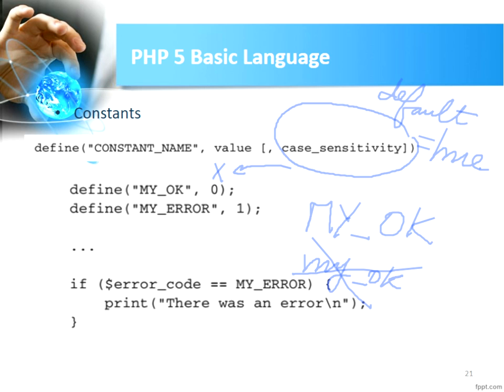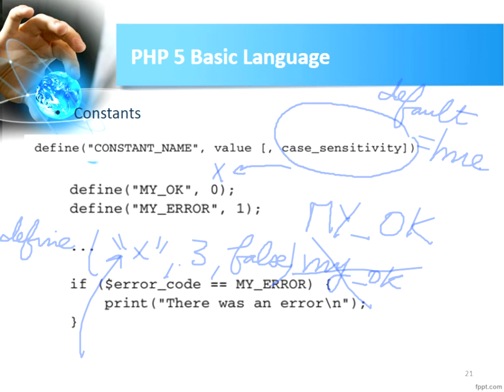So if I write define x 3 false, in this case my constant x can be capital X or lower x, it is equivalent.